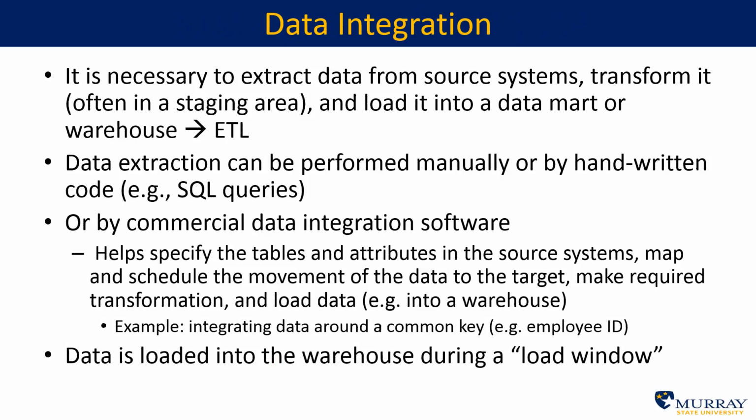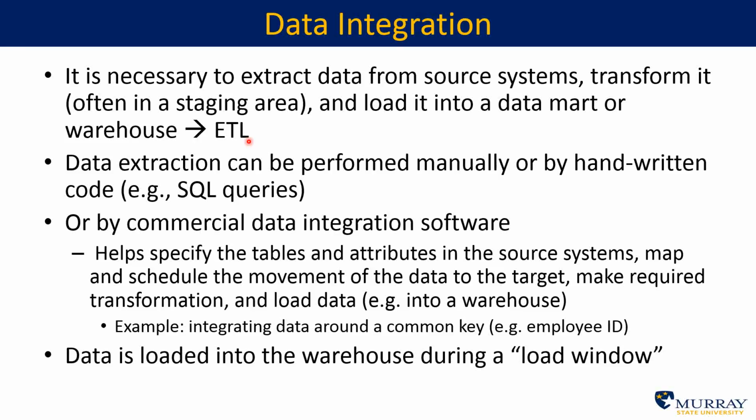So overall, the kind of value chain, the kind of procedure that is used to get data and transform it and input it into a particular data warehouse is represented with the acronym ETL. So basically the data needs to be extracted from somewhere, then it needs to be transformed, meaning it needs to be cleaned, it needs to be organized better, and then it needs to be loaded into a data mart or a data warehouse.